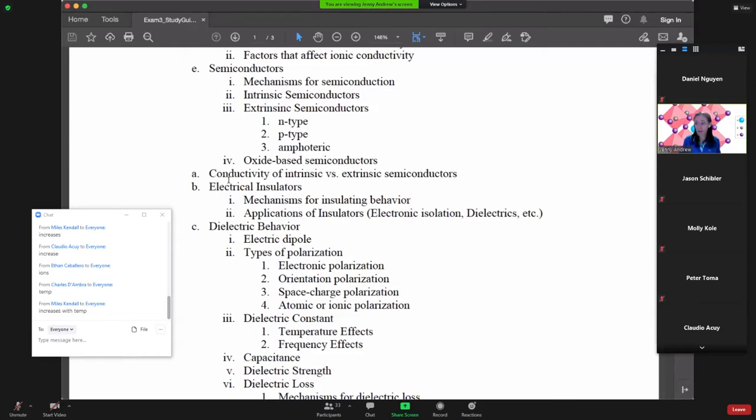If you have extrinsic, whatever you dope with is going to dominate. So an N type, you care really just about the number of electrons and their mobility, P type, holes and their mobility. And then of course, we also had our oxide-based semiconductors, which we most often see in what region of the periodic table, what types of cations?